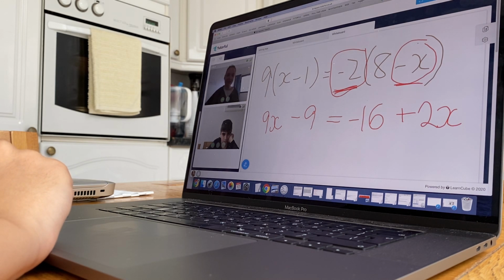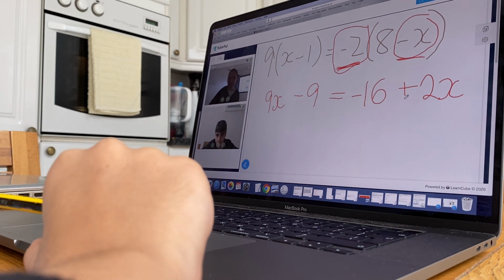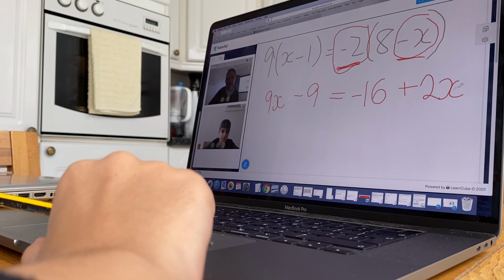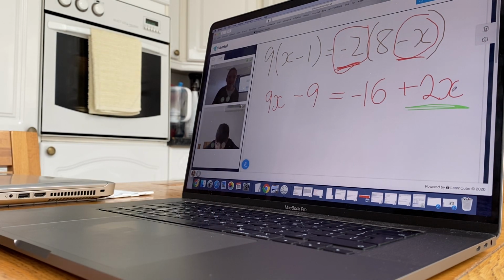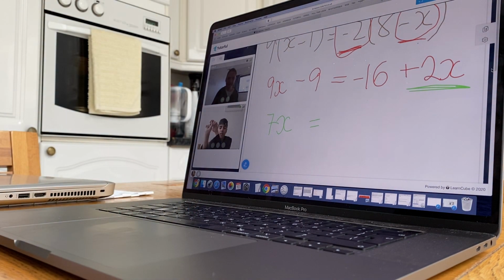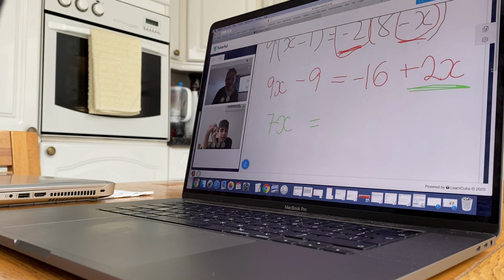Now let's try and move things around. What can we move around? We're going to move the 9x, subtract 2x. Yeah, perfect. We're going to move this guy over. Okay, 9x subtract 2x. It's going to be 7x. And then after we're going to subtract 16, negative 16 by negative 9.